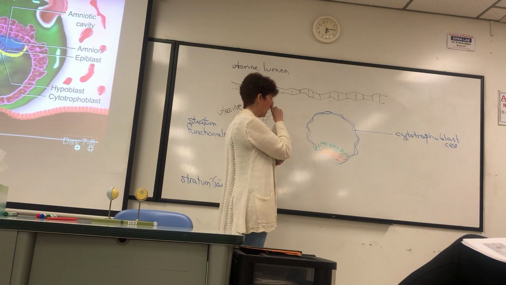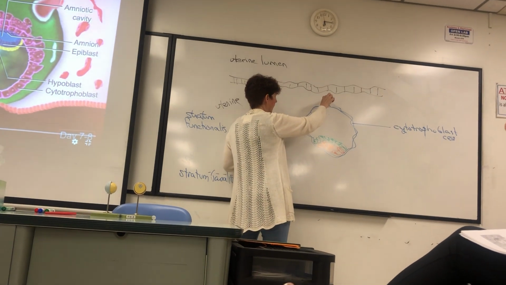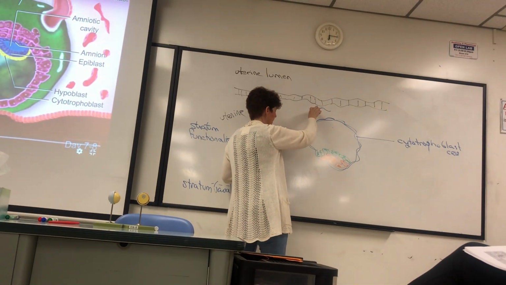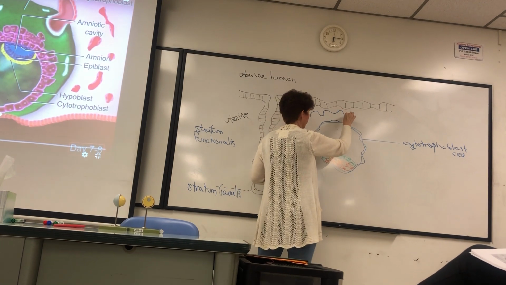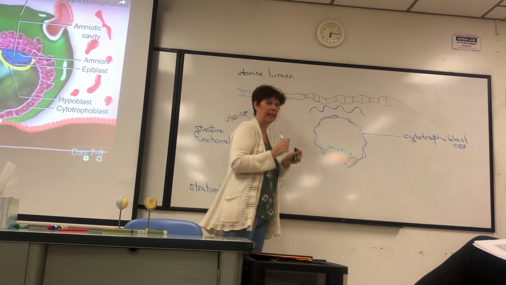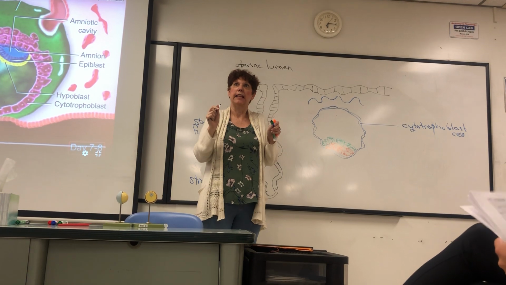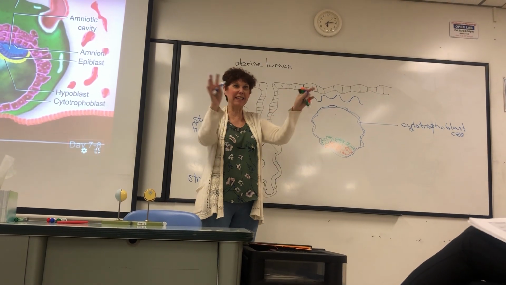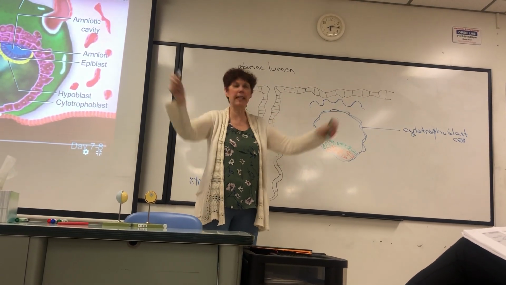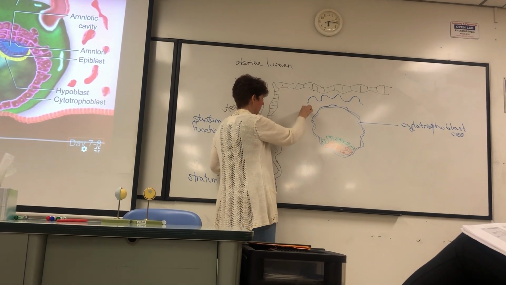And then the syncytium now starts to form little finger-like branches as it kind of, like a macrophage or like pseudopodia, flows out into the surrounding tissue.